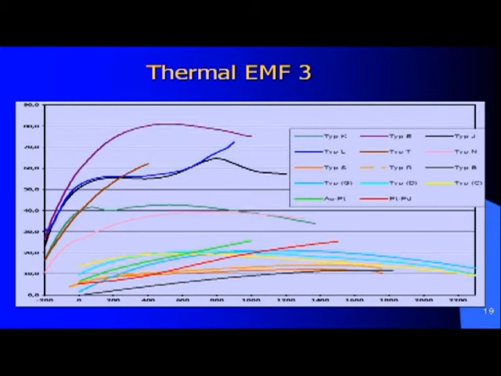The type C and D are the two types which are commonly used, where type D is considered to be less stable than type C, and so type C is included in the newest edition of the 60584 standard, as well as the type A.